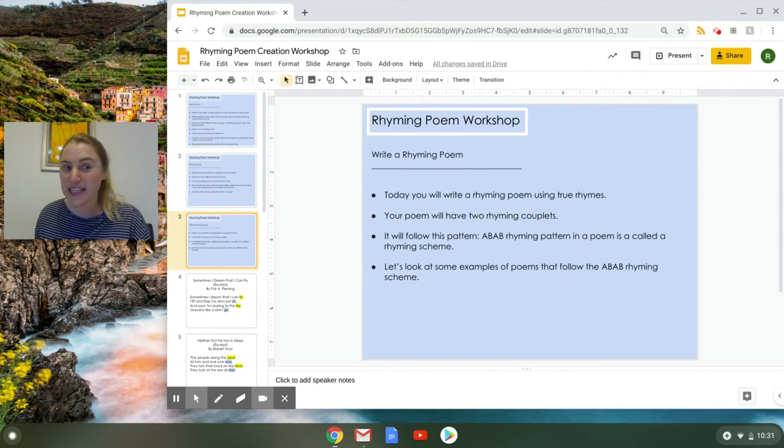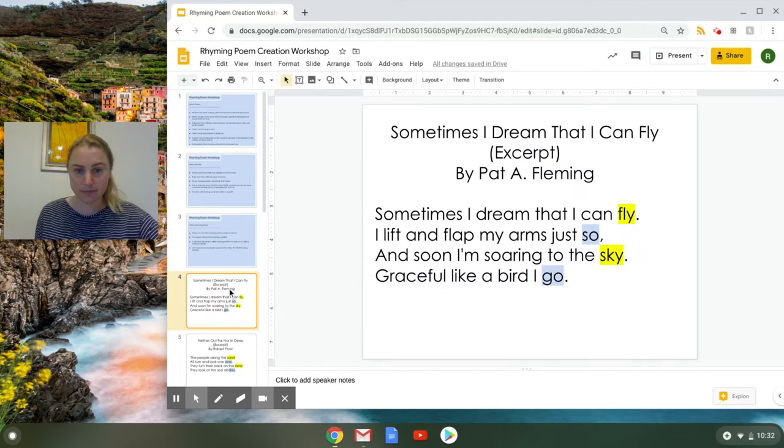We're going to be using the same A, B pattern to make our rhyming poem. So you already know that. In a poem, this kind of pattern is called a rhyming scheme. So let's take a look together at some poems that follow the A, B rhyming scheme.